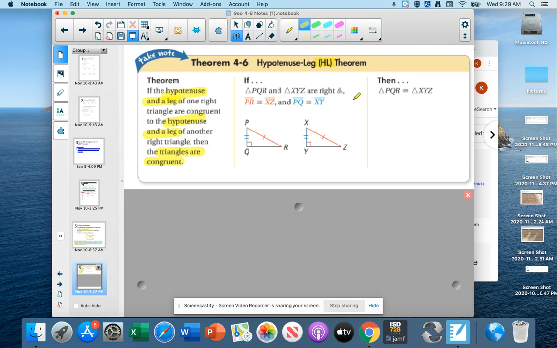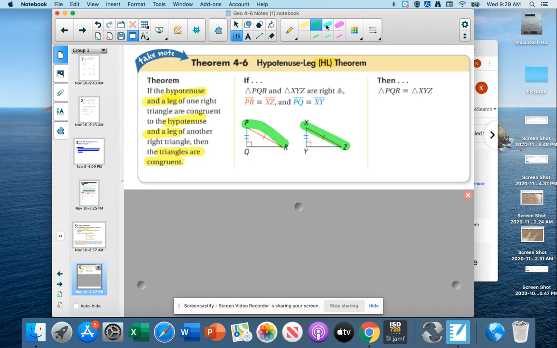Okay, so if we look over here at these two triangles, triangle PQR and triangle XYZ, we know they are both right triangles because that's in our given, but also we see they both have those little boxes. And then it says PR is congruent to XZ. So PR, this is our hypotenuse. It is congruent with our other hypotenuse XZ.